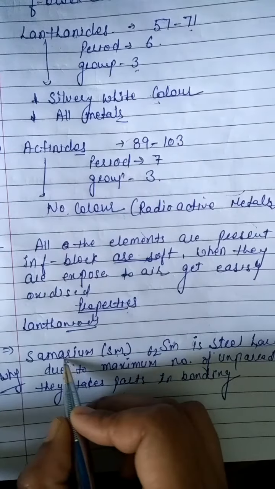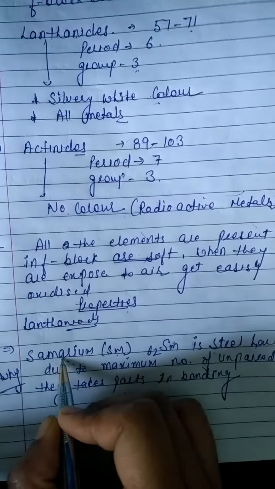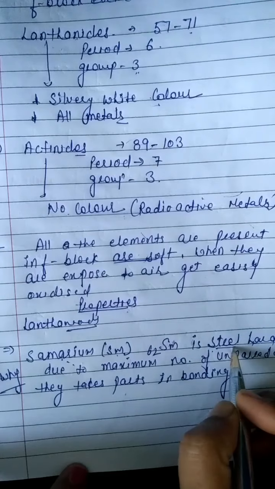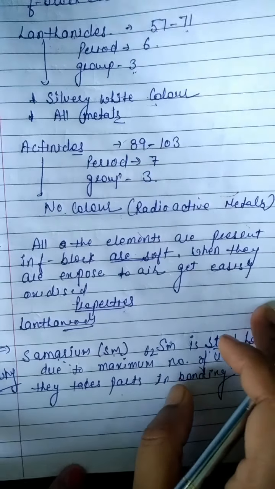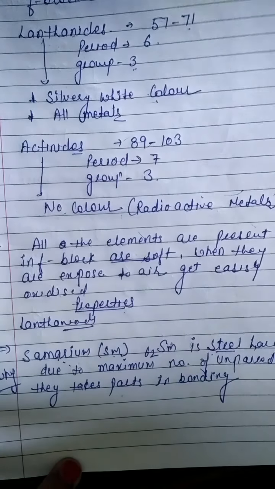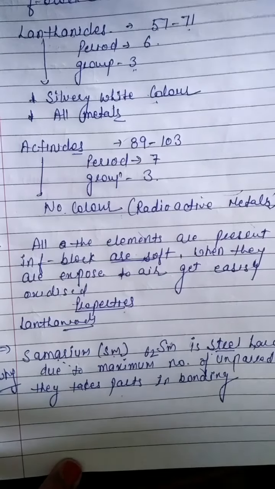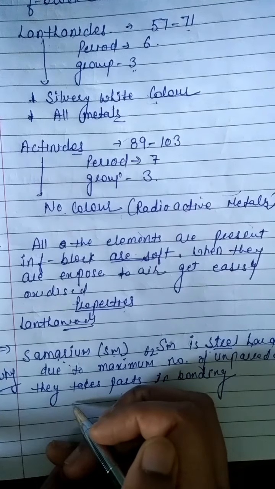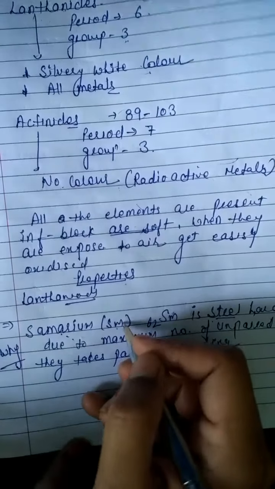So that's why samarium is such a metal that is steel hard, and the rest of the metals present in the F block elements are of a soft nature. Clear?